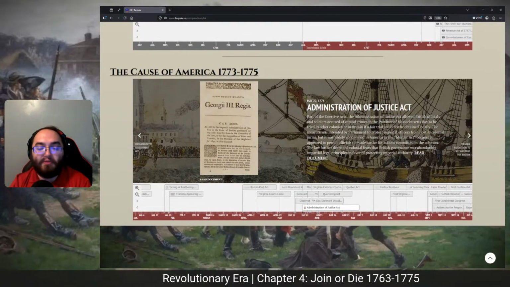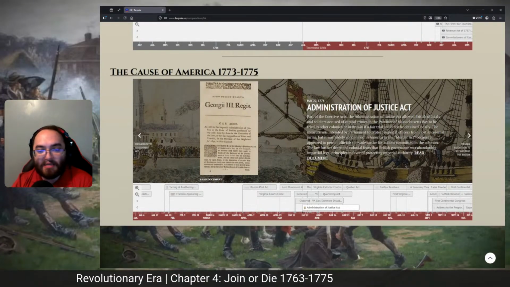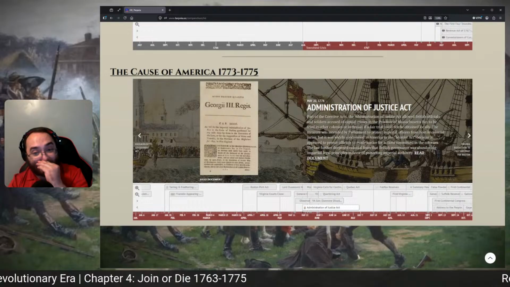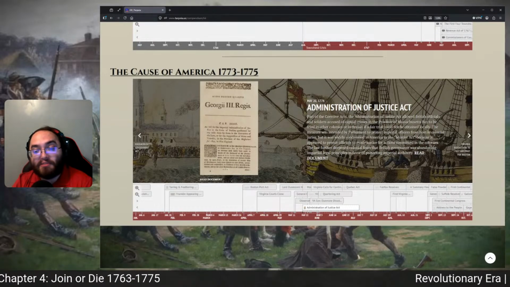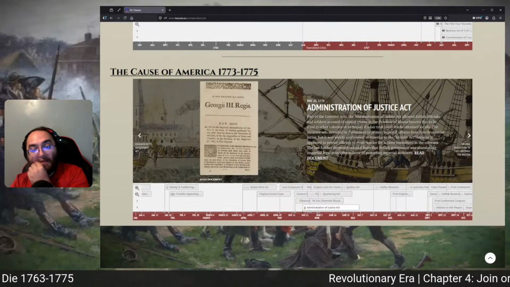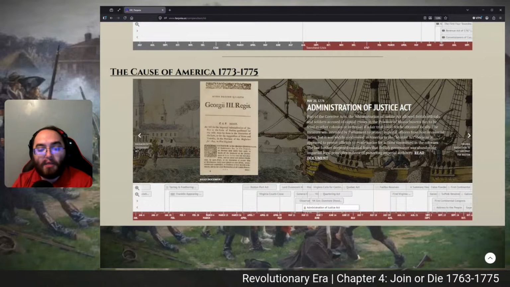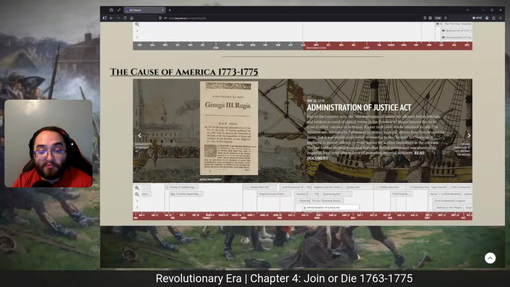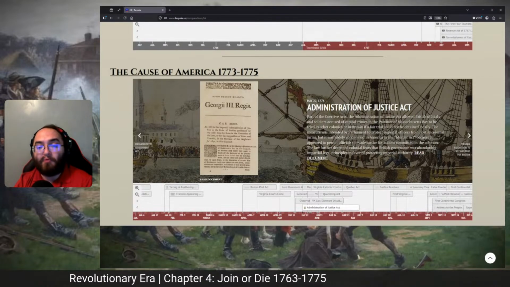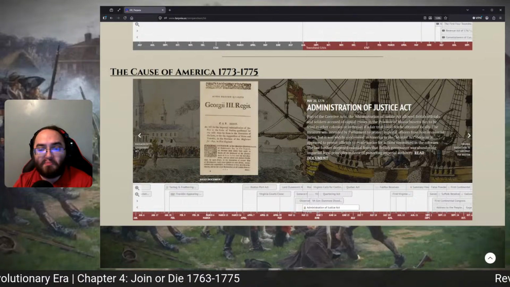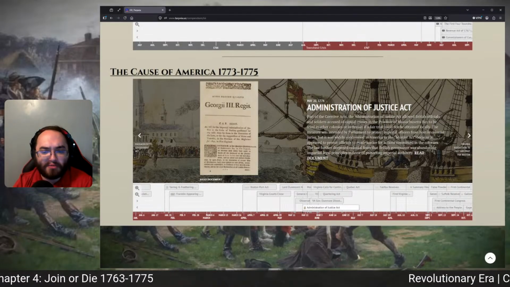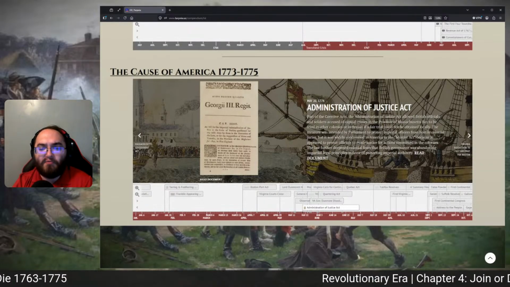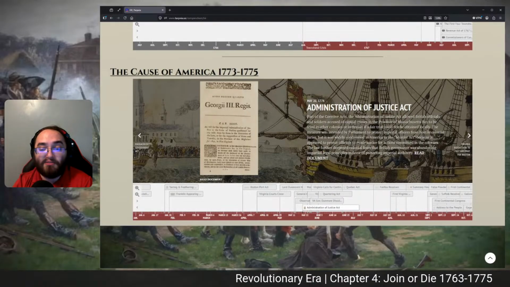You have the Third Intolerable Act, which is the Administration of Justice Act. As part of the Coercive Acts, the Administration of Justice Act allowed British officials and soldiers accused of capital crimes in the province of Massachusetts Bay to be tried in other colonies or in Britain if a fair trial could not be obtained locally.